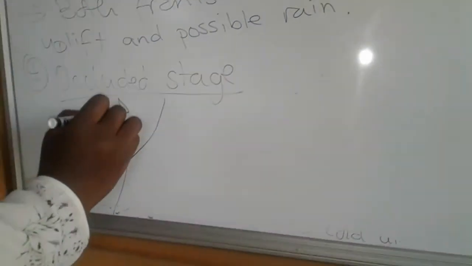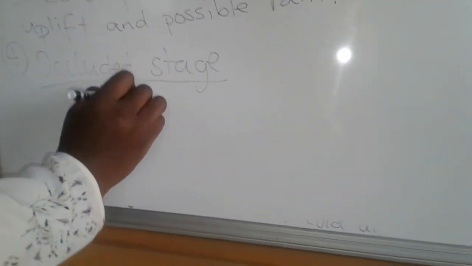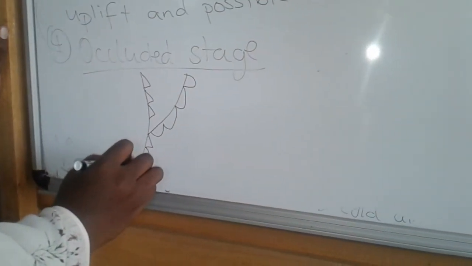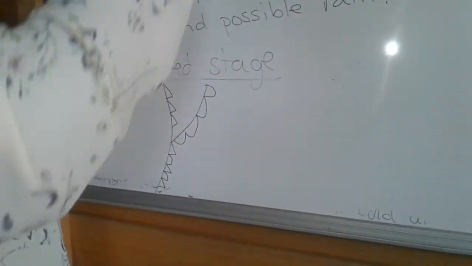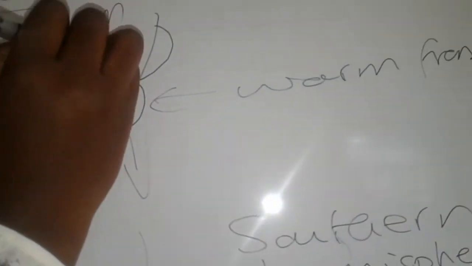We have the cold fronts here. We have the warm front here. And we also have a mixture of the warm front. That's what we call the occluded stage. And remember this center is known as the warm sector.